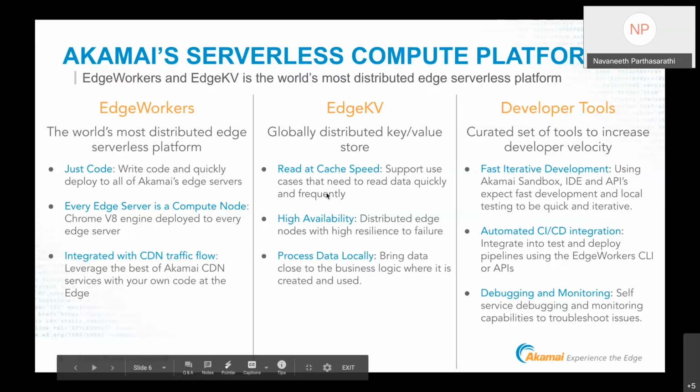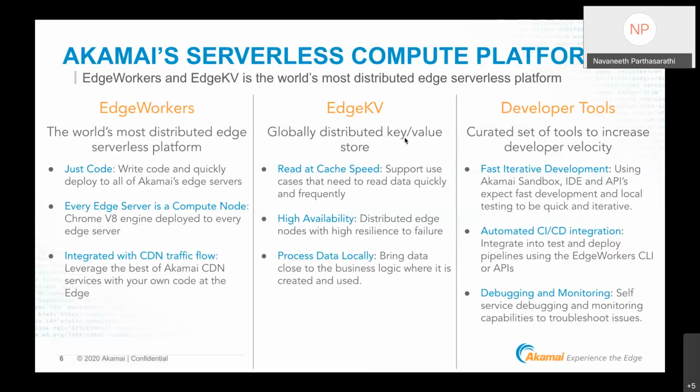Now coming to EdgeKV, the next module, this is basically a flat database. It's a NoSQL database which provides a key-value store. A particular key is stored together with a value, and this helps support EdgeWorkers with the required data.